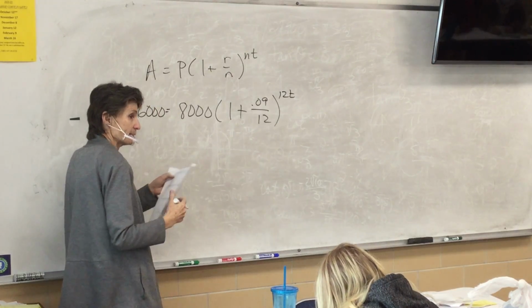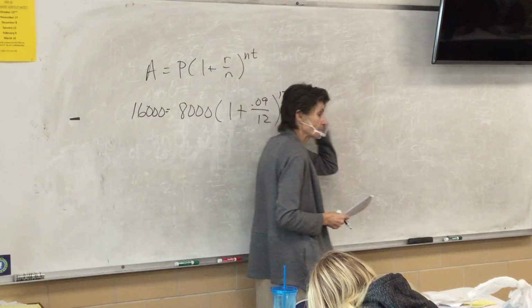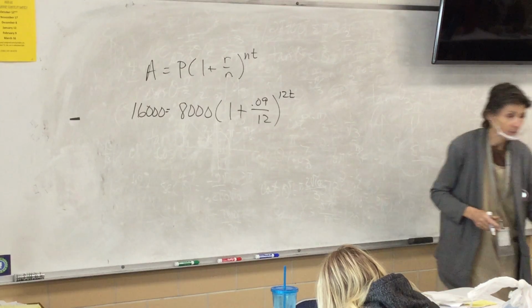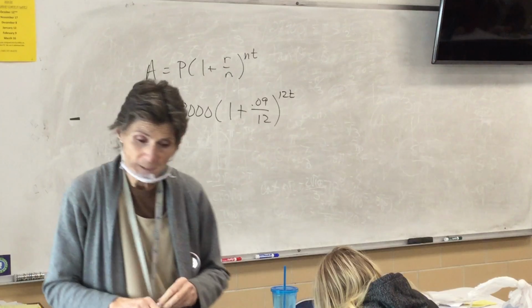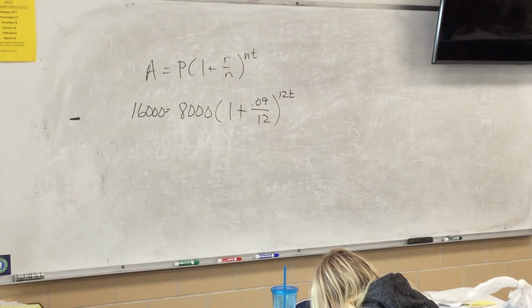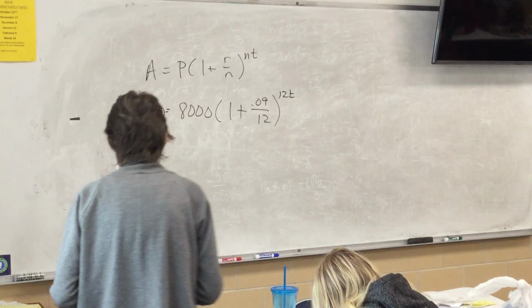I want to end up with $16,000. Does that look okay to everybody? All right, so how do we solve it now? You're going to divide by 8,000 first. Always, always, always get rid of that extra number. So we'll just have 2.